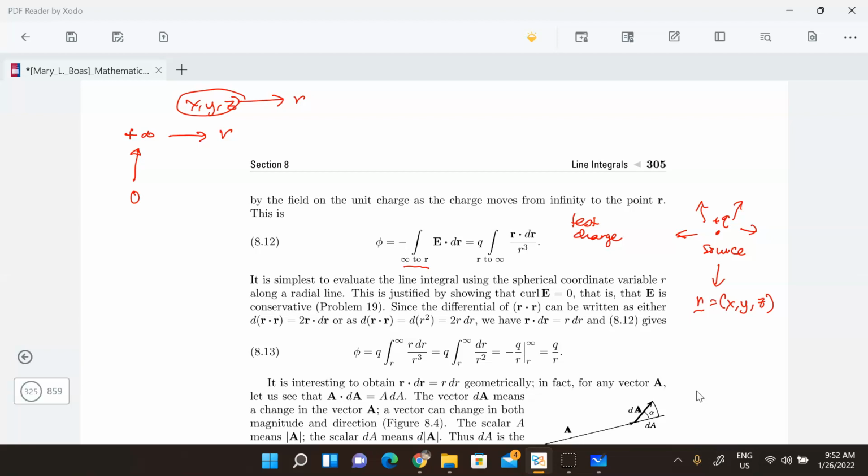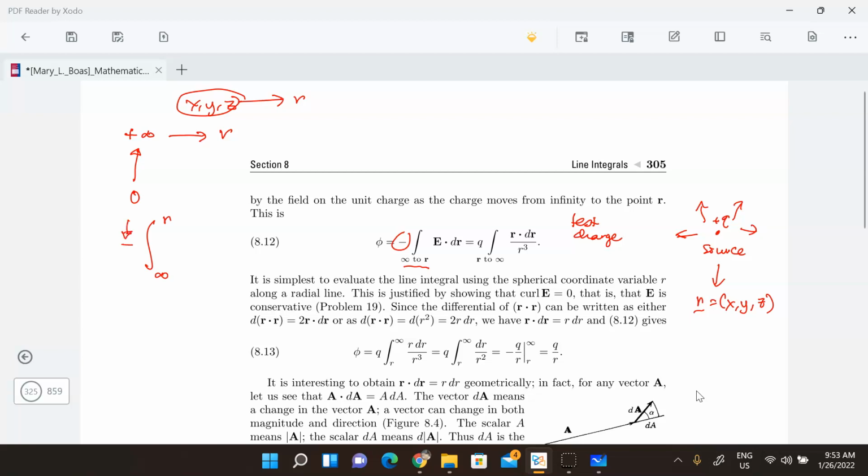So in other words, at infinity, the test charge would not actually feel the electric field. Okay, so that's why it's a convention to have this minus sign over here, because your integral is going from infinity to some point r. So that's why you have that minus sign.